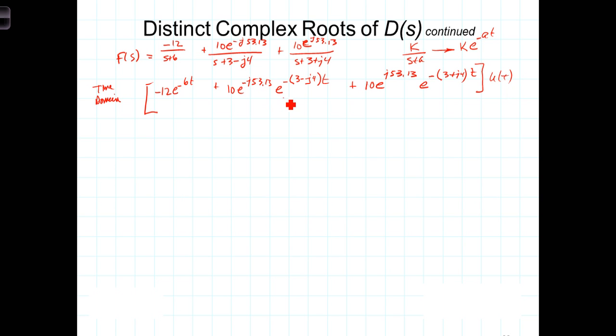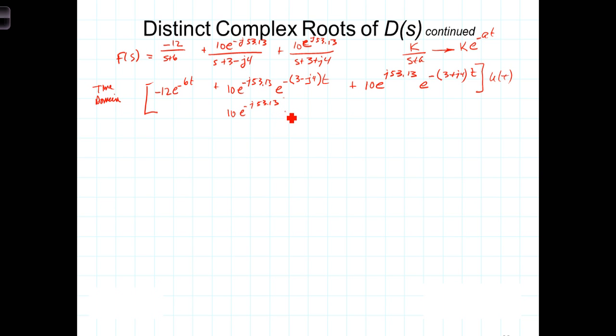Now, let's turn our attention to these two terms with the complex exponentials. And let's start by breaking out each of these two terms where we have the sum of exponents there. Let's just use the product rule of exponents to break those apart. So we're going to have 10 e to the minus j 53.13.